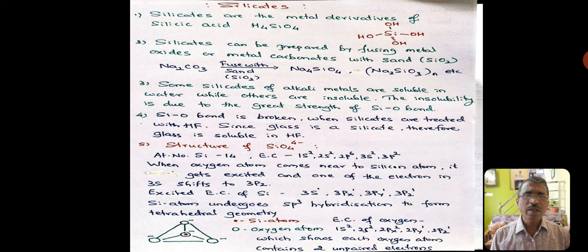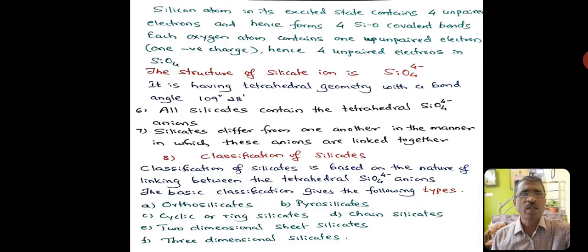In this, the oxygen atom combines with the silicon to form a covalent bond between the silicon and oxygen, and one excess electron in oxygen remains on the oxygen because the oxygen atom contains 2 unpaired electrons.